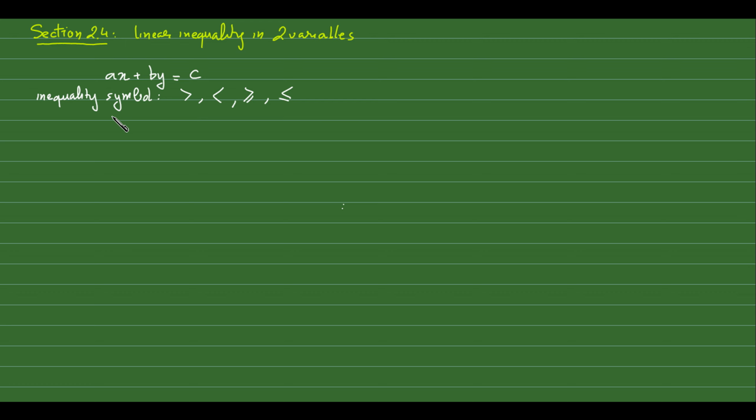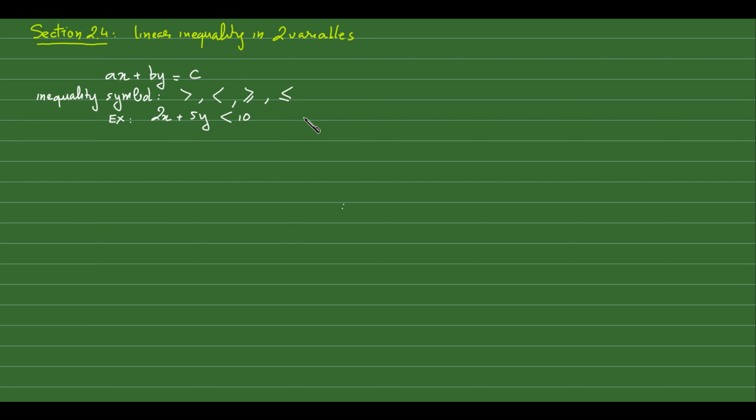But first of all, let me give you a couple of examples of what a linear inequality in two variables looks like. I can have something like this: 2x plus 5y less than 10, for example.